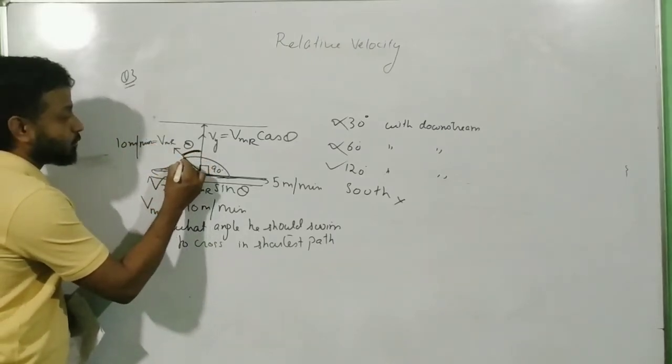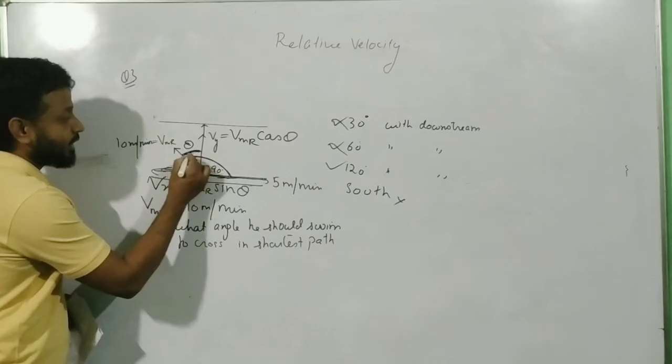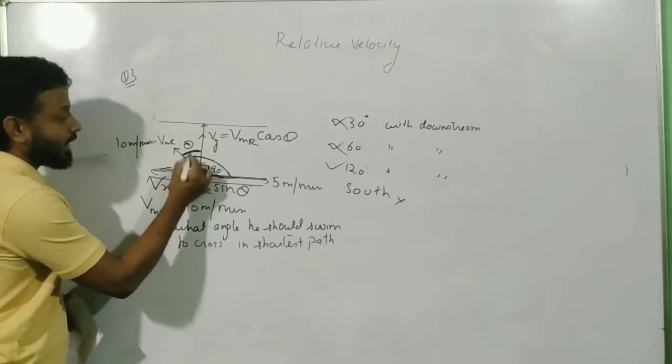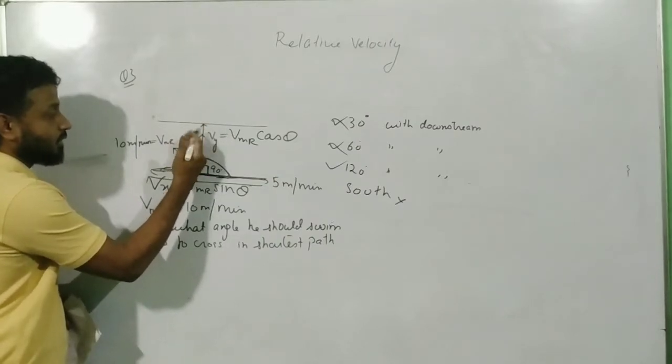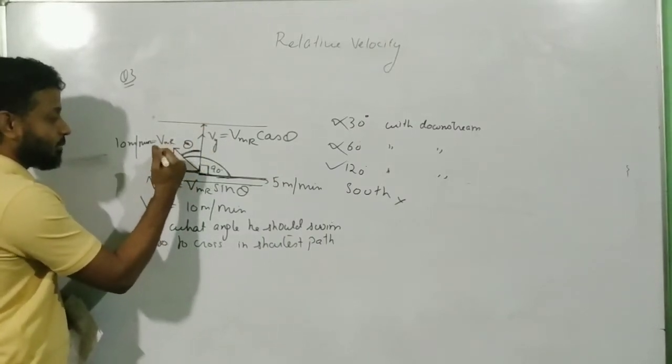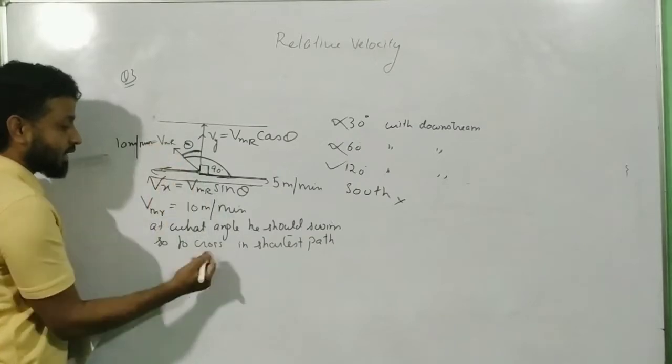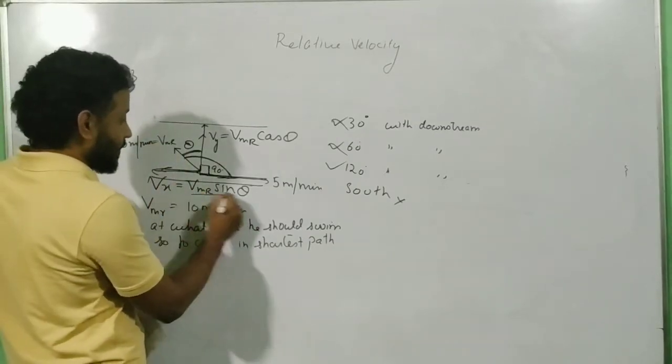Remember, our intention is to find the whole angle, but I am finding this one because I know this angle is 90, so I will just add at the end.